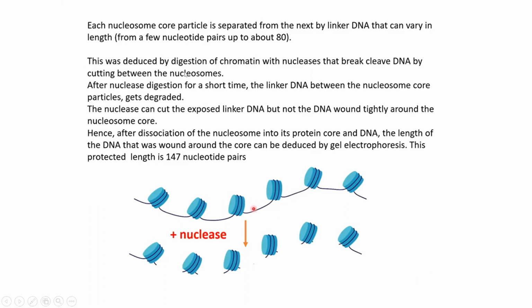This was shown by the digestion of chromatin with nuclease, which breaks DNA by cutting between the nucleosomes. The linker DNA has no protein on it, so the nuclease will cleave that region, and you can get the DNA around which the histones are wrapped.